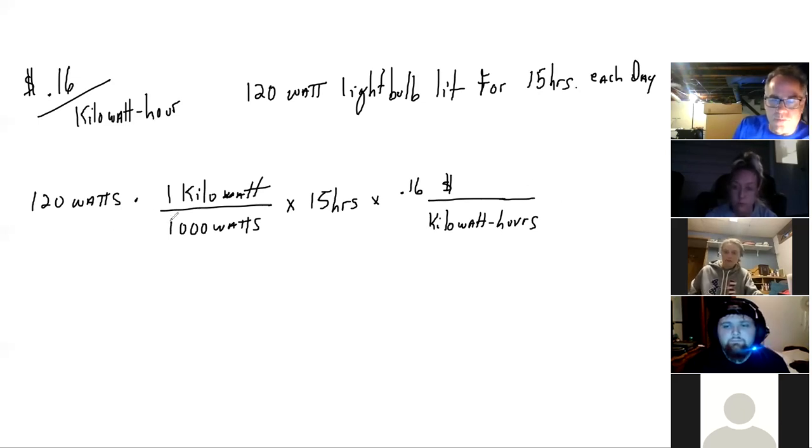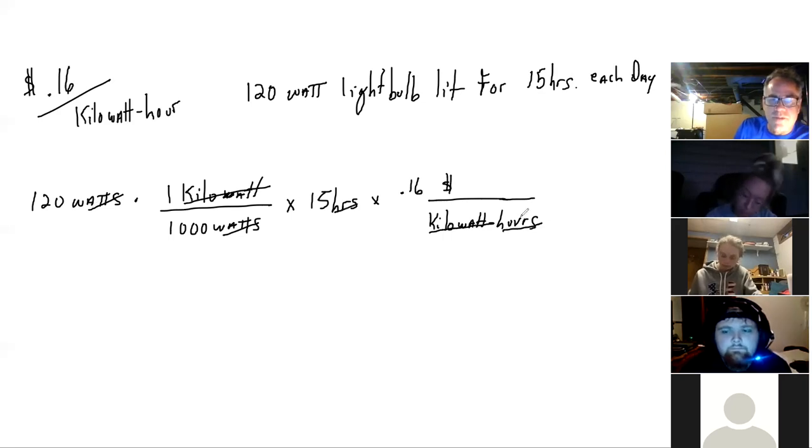So now in this string right here, what we want to observe is how the watts cancel, kilowatt cancels, hours cancel. I'm left now with dollars. And so it's literally 120 times 15 times 0.16, and that comes out to be 0.288.